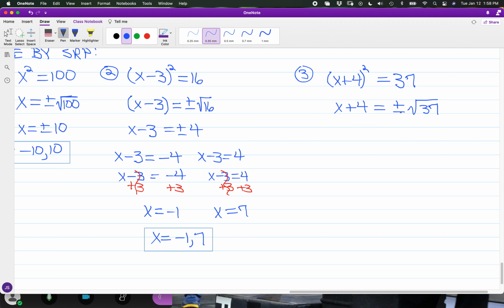So if I were to split up, we have x plus 4 equal to the negative of the square root of 37. And again, you can also do the compact notation.